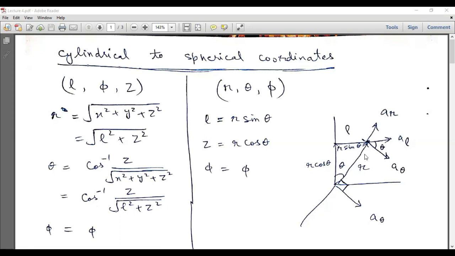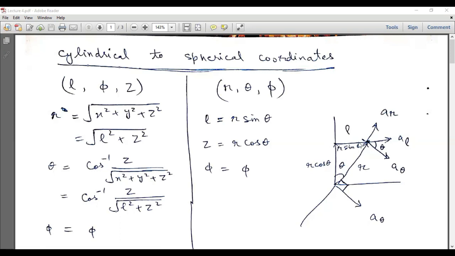And from this figure, you know that this is the point P and this is the direction vector or unit vector of AR, and this is the magnitude of R, the distance from origin to this point. This is rho, the distance from z axis to the point, and this is theta.